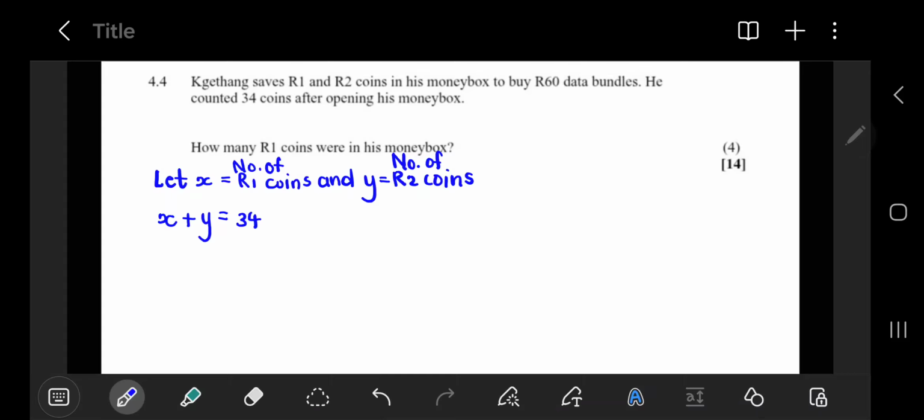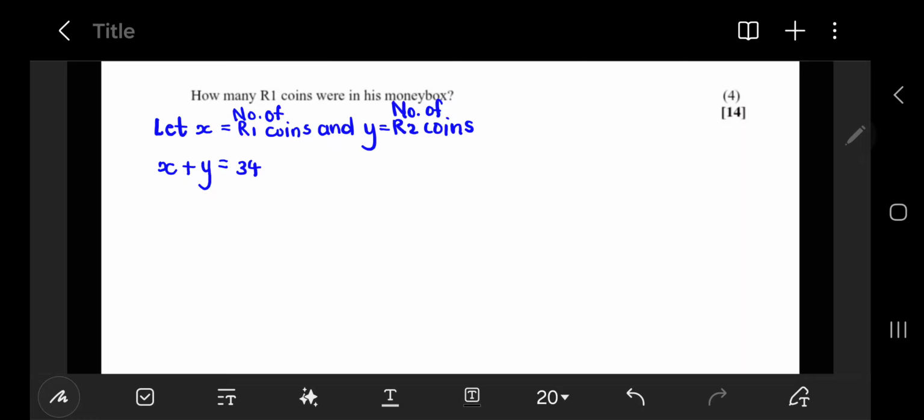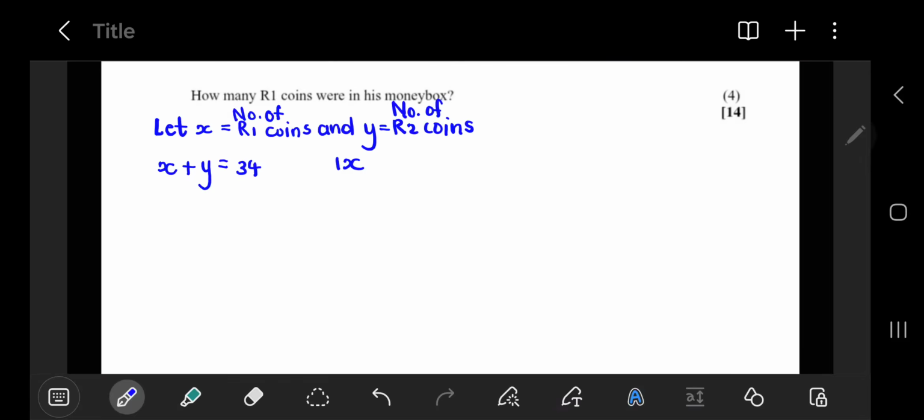In order for him to save up 60 rand, we don't know how many 1 rand coins and how many 2 rand coins he needs to save. But what we do know is that x is representing the number of 1 rand coins. So since x is the number of 1 rand coins, we can say 1x plus 2y is equal to 60.